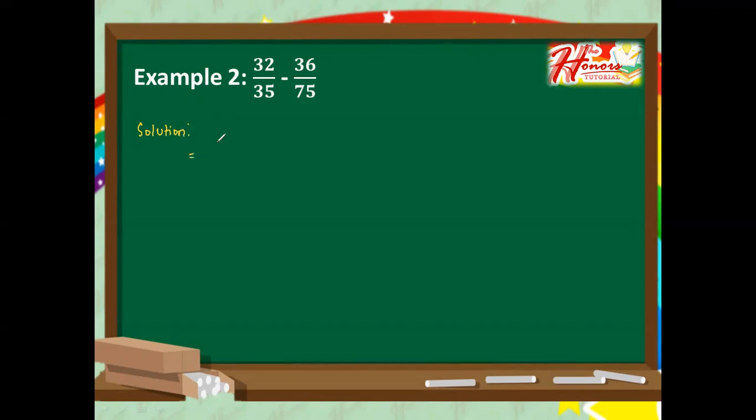So let's copy the given. So that's 32 over 35 minus 36 over 75. So for now, let's use the LCD part.